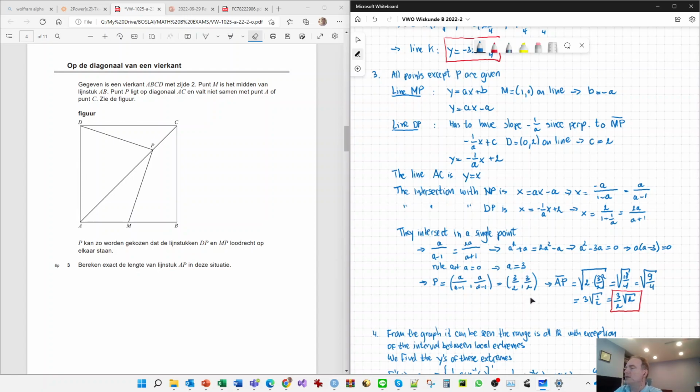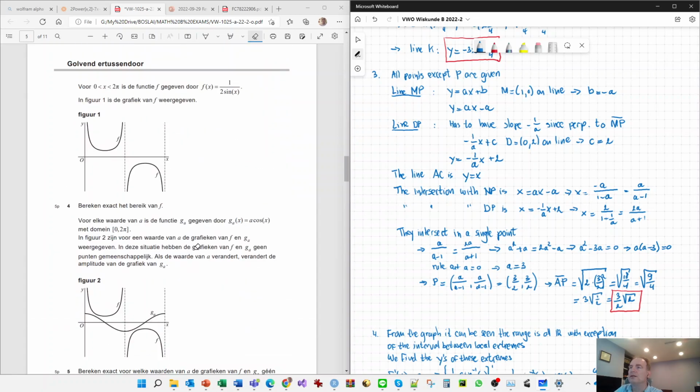And then, since A is the origin, we can just use Pythagoras to calculate the length of AP. So 2 times the square of each component. If you work it out, you get 3 over 2 times the square root of 2.